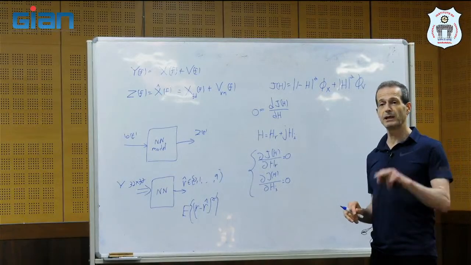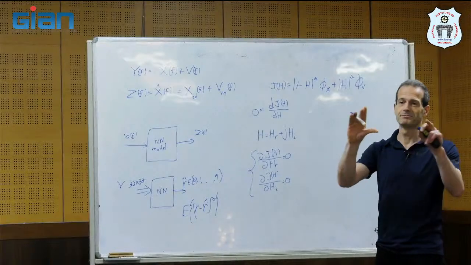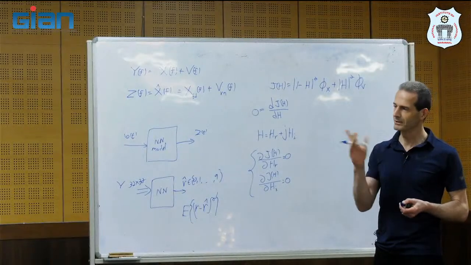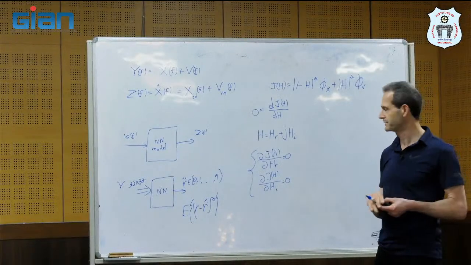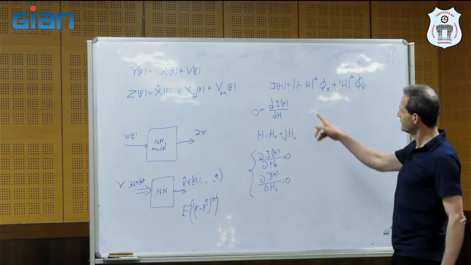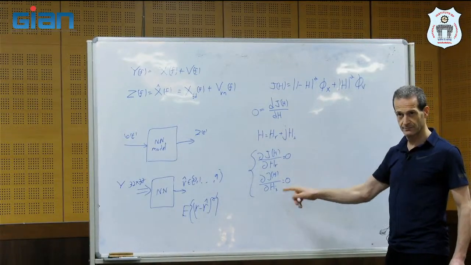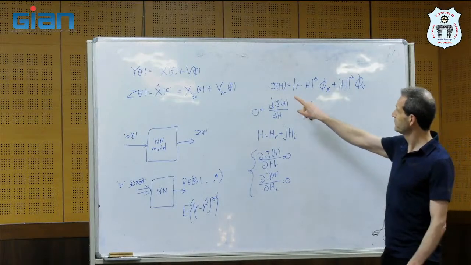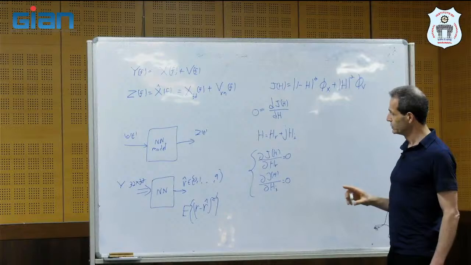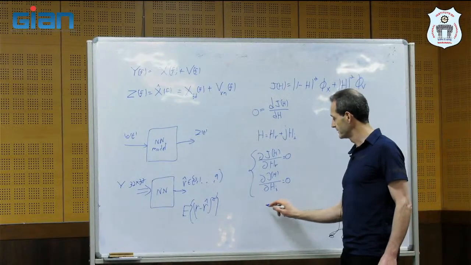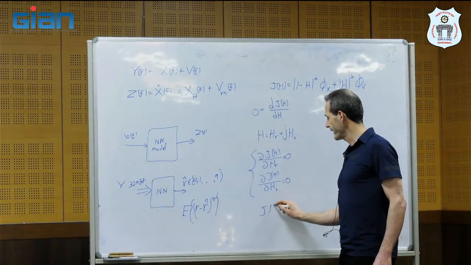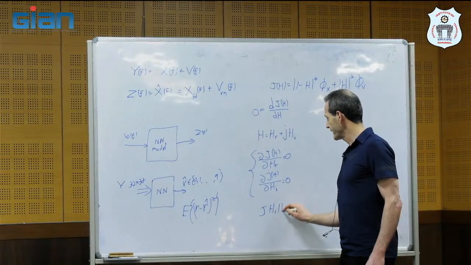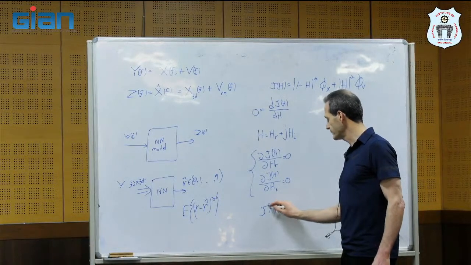Alternatively, maybe I will also send some text about it to prove. I will check if I have it. So instead of this, there is an alternative way. When you have a function of a complex number, you can write it as J(h, h complex conjugate).